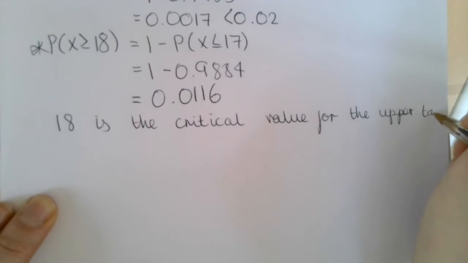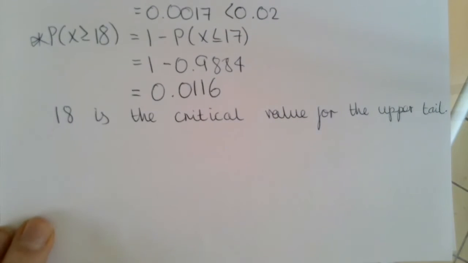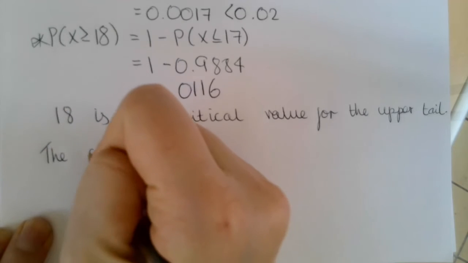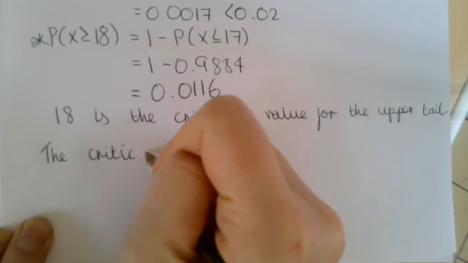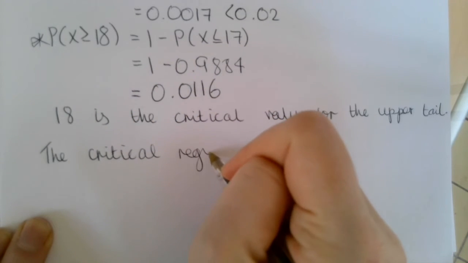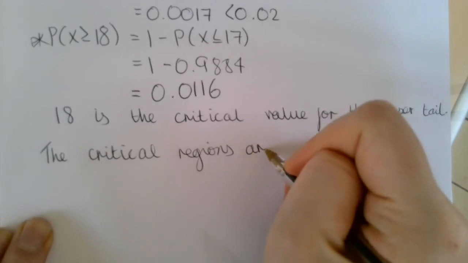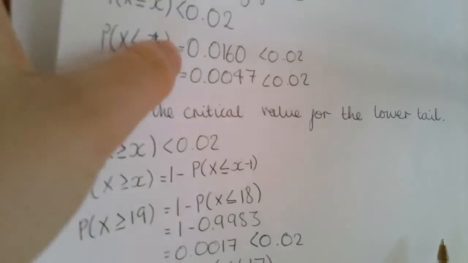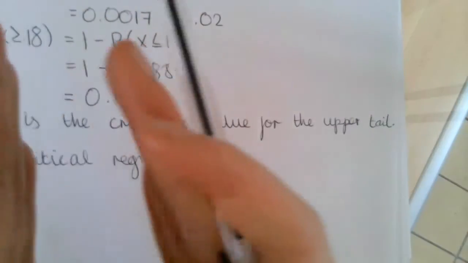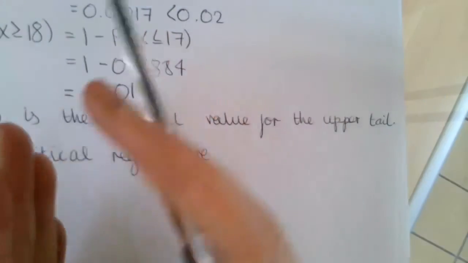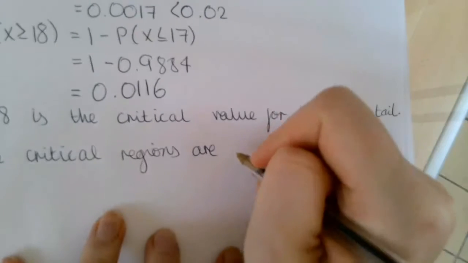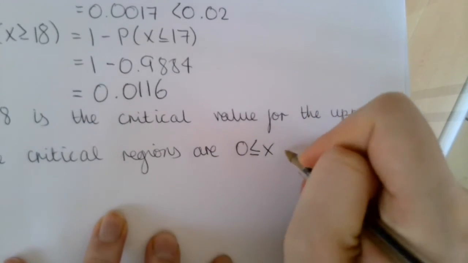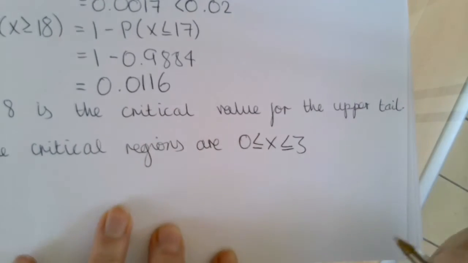So we now need to write down our critical region. The critical regions are, for the lower tail, we had 3 as our critical value. So every value from 0 to 3 is going to give us a probability that's less than 0.02. So we've got 0 is less than or equal to x, which is less than or equal to 3.